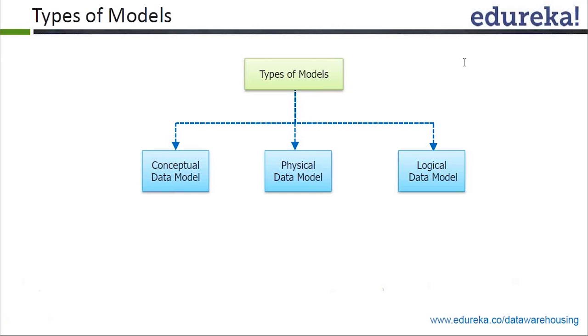Then you have a logical data model. Then finally you have a physical data model. So these are the different types of data models you can have. They are different types of blueprint meant for different audiences. So we will see in the forthcoming slides what these models are, why they are built and who is the target audience for all these data models.